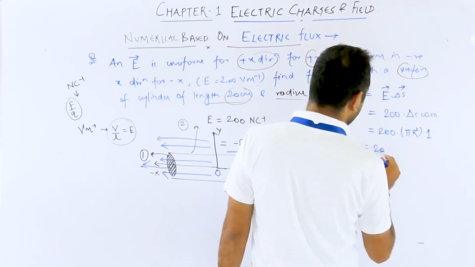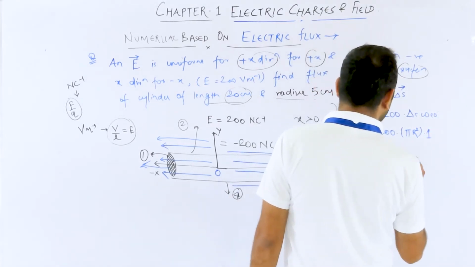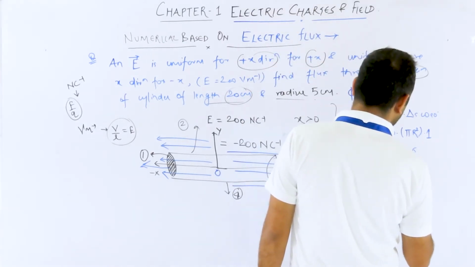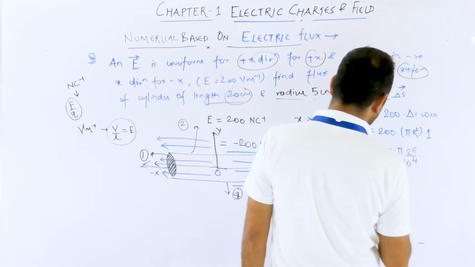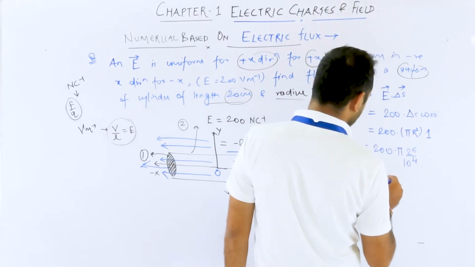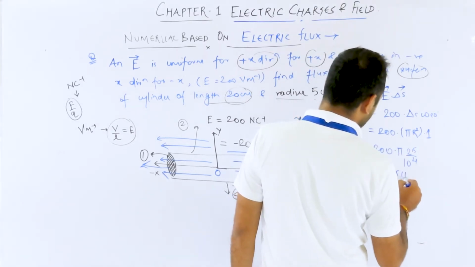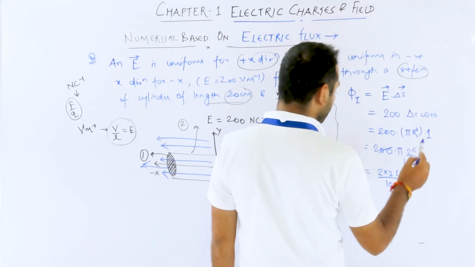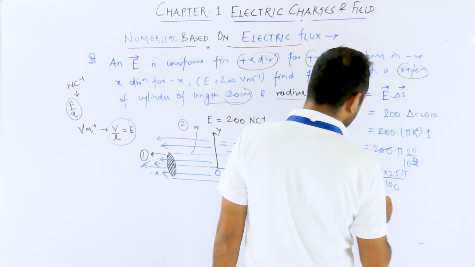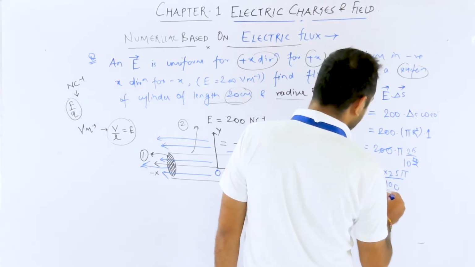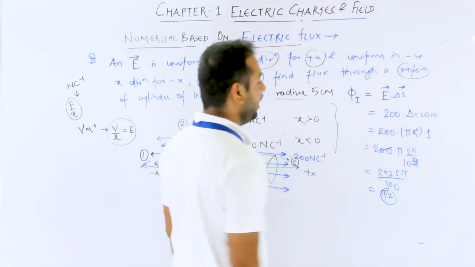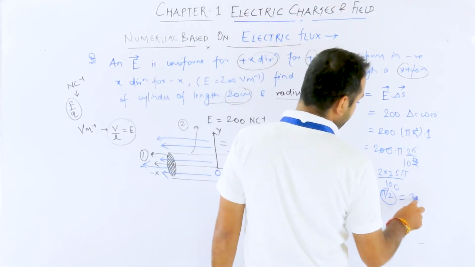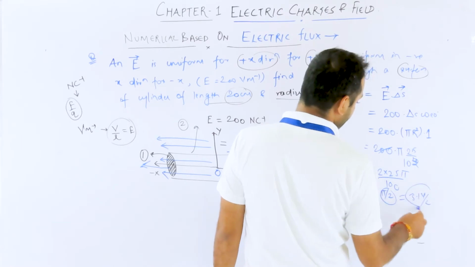So 200 multiplied by pi r square, r is 5, so 25 divided by 10 to the power 4. So it is 2 into 25 pi divided by 100, because these two zeros will cancel to 2, so 100, so it is pi upon 2. Pi is here 3.14. Remember guys, 3.14 divided by 2, pi upon 2.